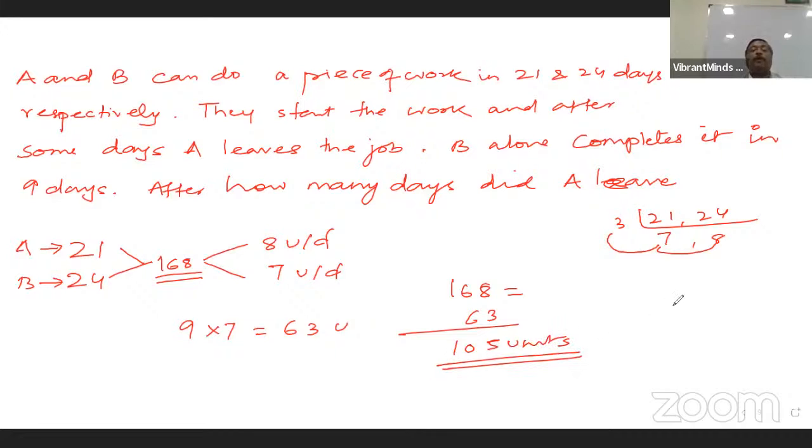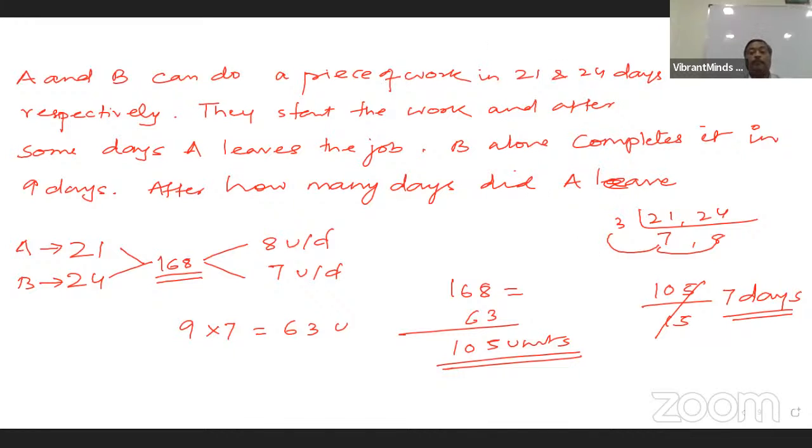And these 105 units were done by both A and B. So 105 divided by, they both worked for how many days? 7 days. And after that, A left and B completed the remaining job in 9 days. This is one method to attempt this. Clear? Now another method to do this is something like this.